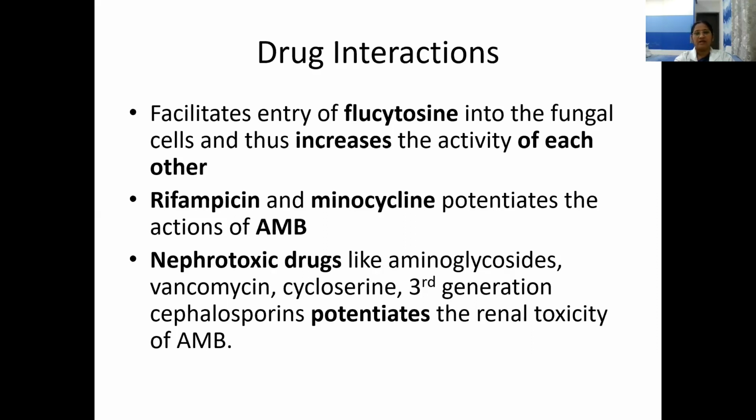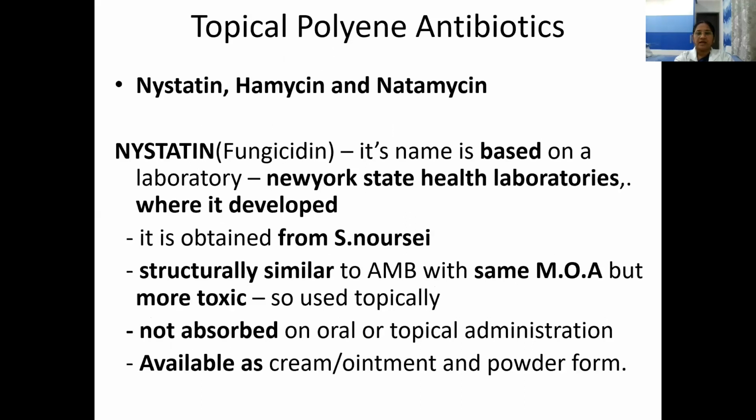So amphotericin B facilitates the entry of flucytosine, and flucytosine also helps in the entry of amphotericin B. Rifampicin and minocycline will potentiate the actions of amphotericin B. Rifampicin inhibits nucleic acid synthesis, so it will help in the potentiation of amphotericin B. And nephrotoxic drugs like aminoglycosides, vancomycin, cycloserine, and third generation cephalosporins will potentiate the renal toxicity of amphotericin B. These are the drug interactions.